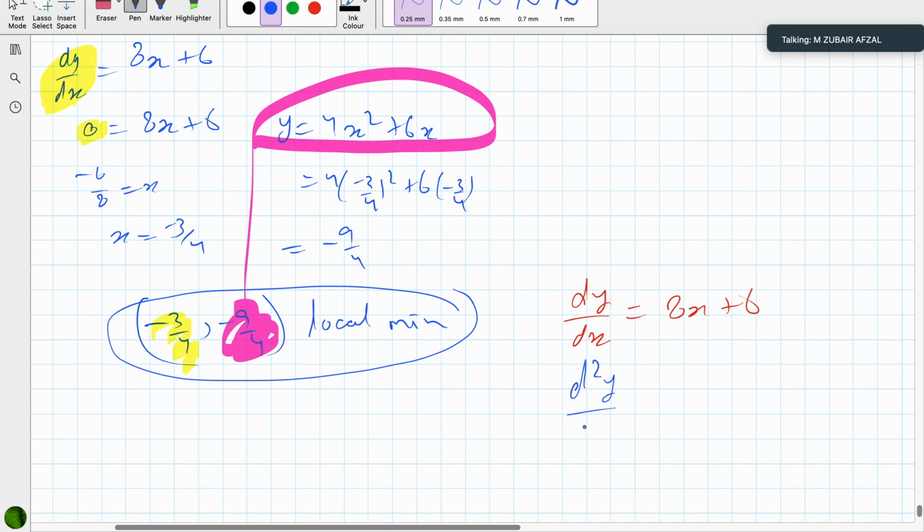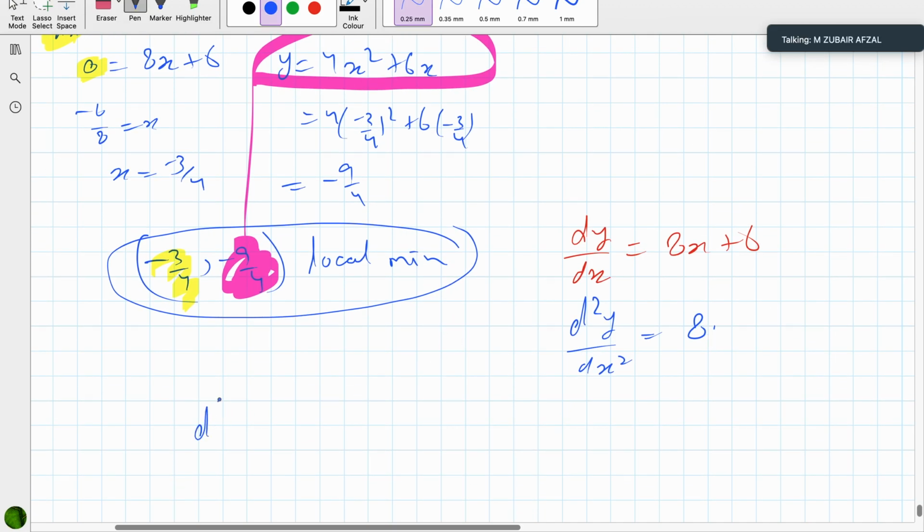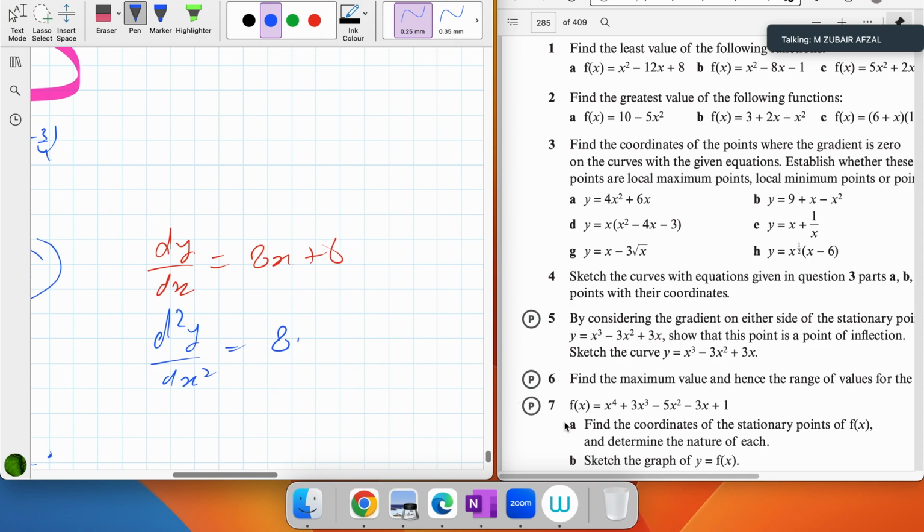So d squared y over dx squared is equal to 8. So I'll state d squared y over dx squared is greater than 0. Positive means minimum. This is how we will show whether it is a minimum or maximum point.